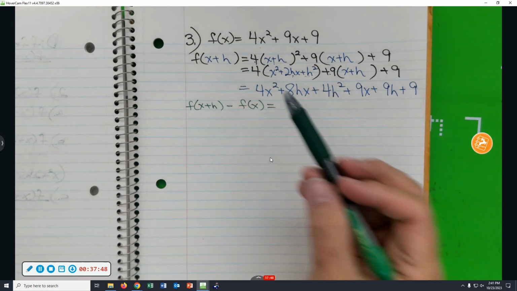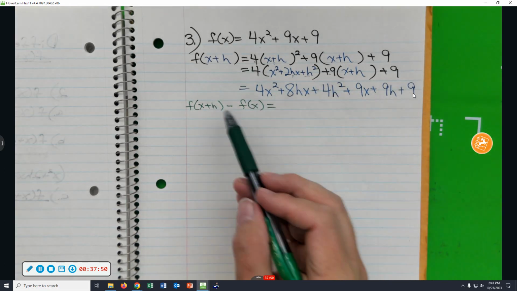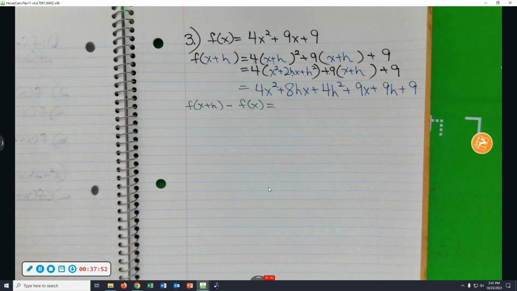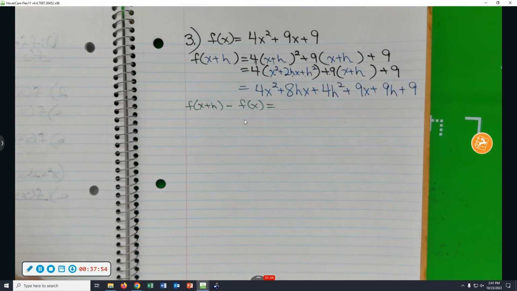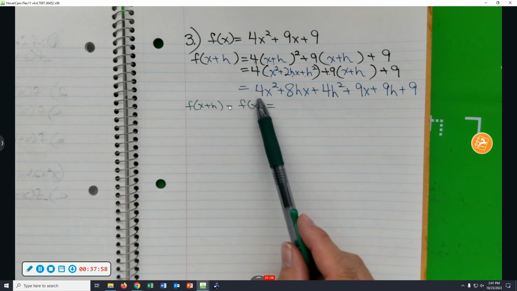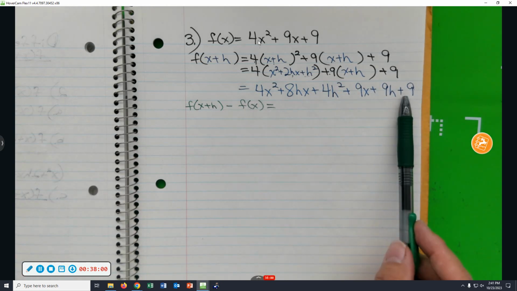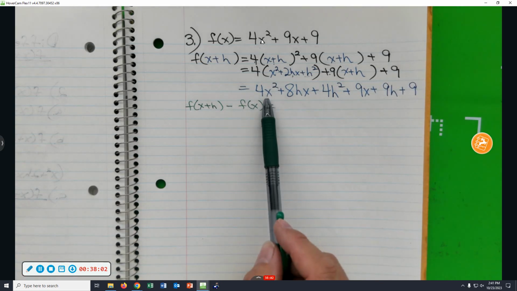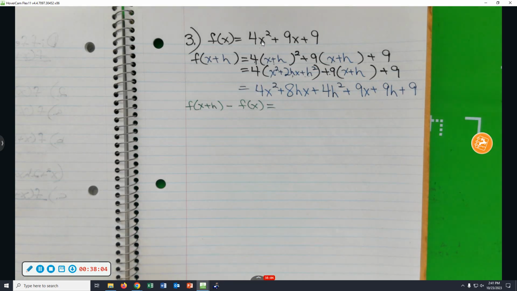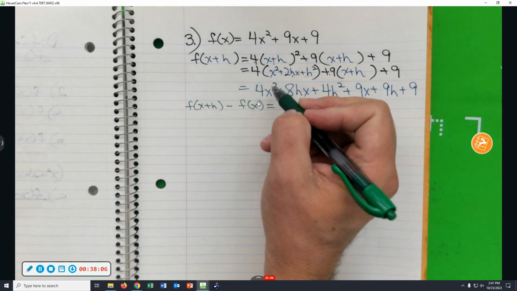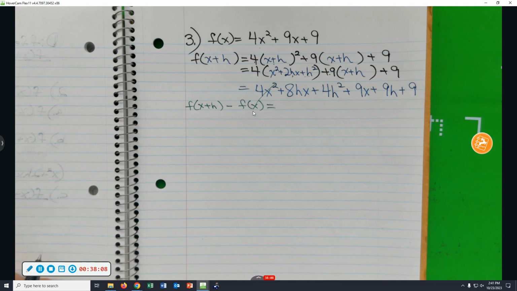We're going to take what we just found and take away the original terms. Let's do this without showing work. Which terms are going to drop off here? I'll get us started. 4x squared minus 4x squared. That's gone. What else is gone?